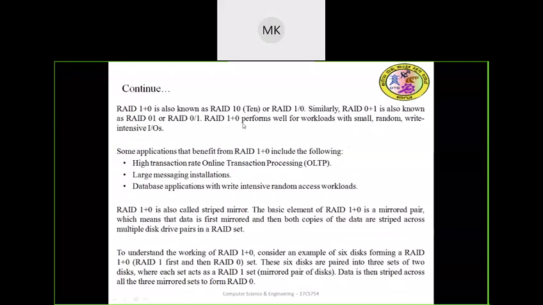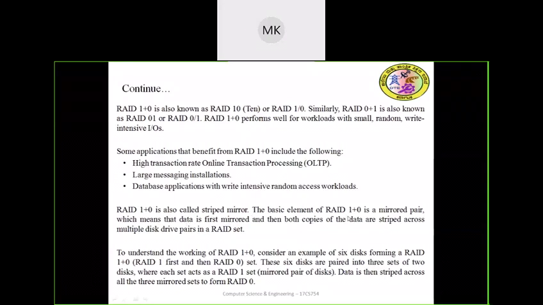RAID 1 plus 0 performs well for workloads with small, random, write-intensive I/O. Some applications that benefit from RAID 1 plus 0 include the following: high transaction rate online transaction processing, large messaging installations, and database applications with write-intensive random access workloads. RAID 1 plus 0 is also called striped mirror.